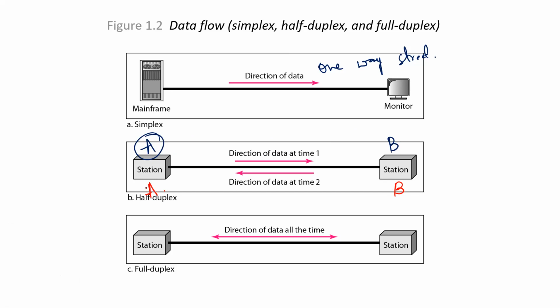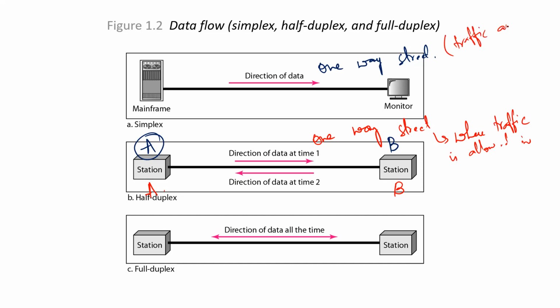So this half duplex mode is like a one lane road or one way street with traffic allowed in both directions. It is similar to a one way street where traffic is allowed in both directions.